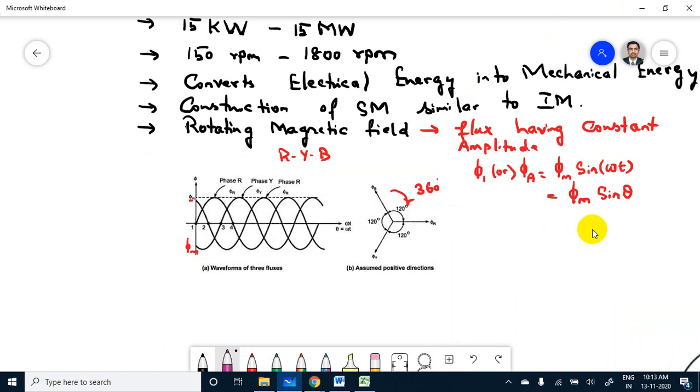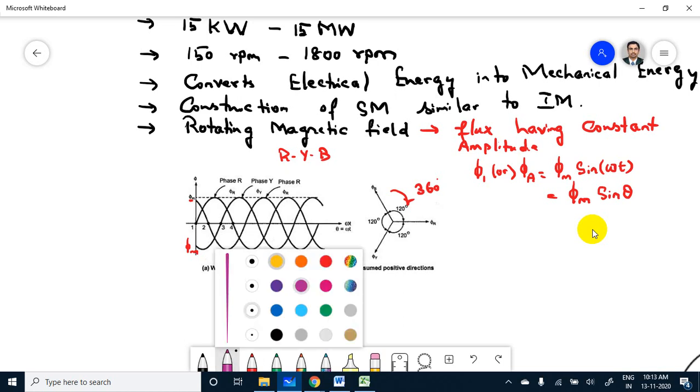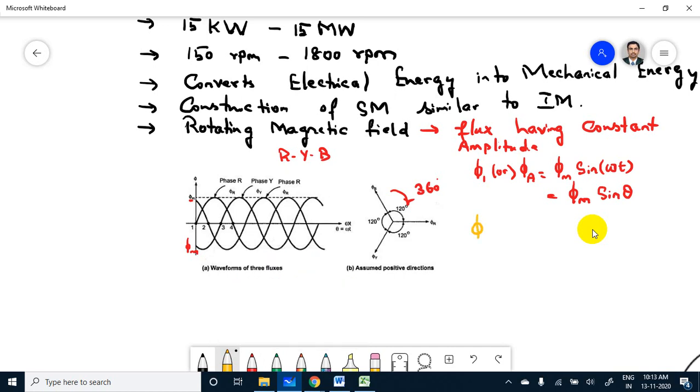The second one will be the Y phase, phi 2, or we can write phi y.